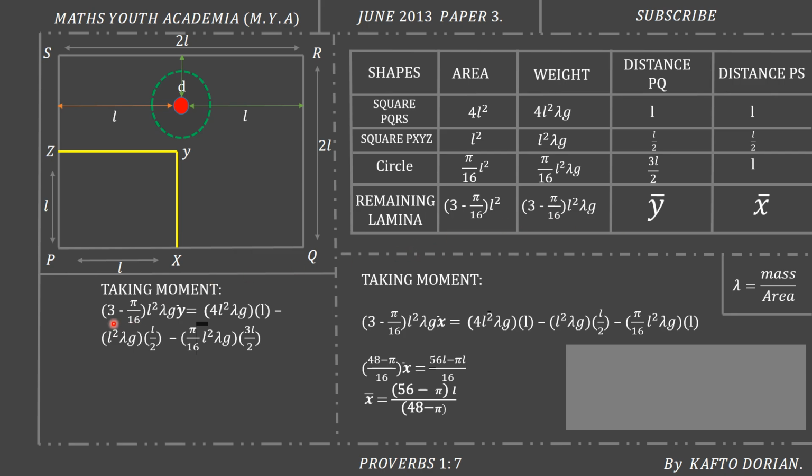I have (3 minus pi/16) L squared lambda g times y bar equals 4L squared lambda g times L, minus L squared lambda g times L/2, minus pi/16 L squared lambda g times 3L/2. Simplifying correctly, I have my y bar as (112 minus 3 pi/2) times L over (48 minus pi).